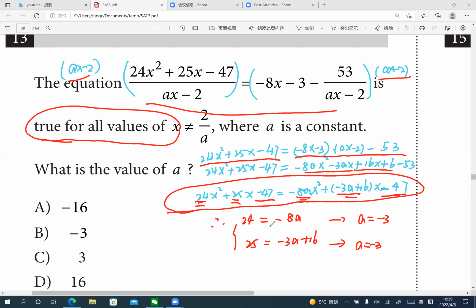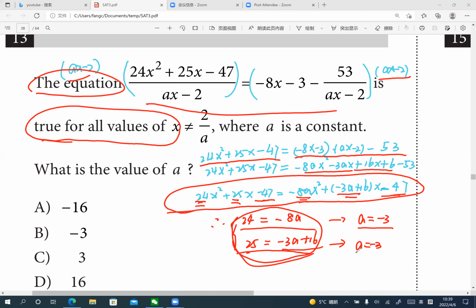So 24 should be equal to -8a, and 25, which is the coefficient of x, should be equal to -3a plus 16. Only when those two conditions are satisfied can the whole equation be true for all values of x. After we solve those two equations, we get a equals -3. So question 13, we should choose option B, -3.